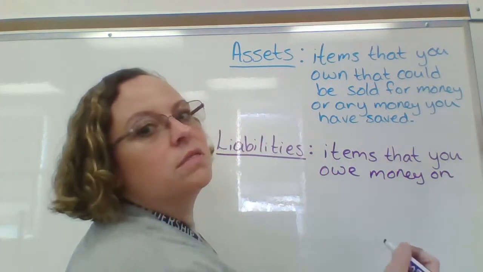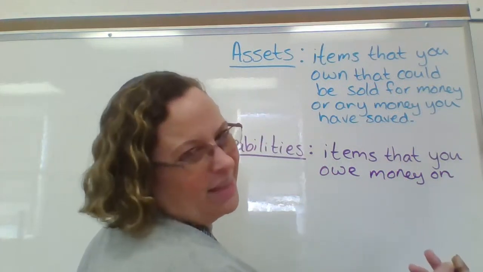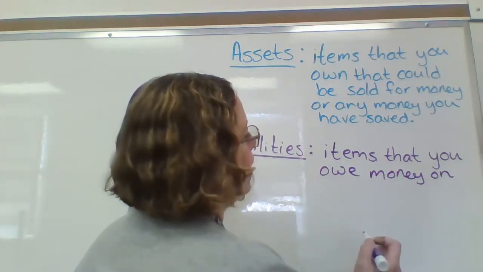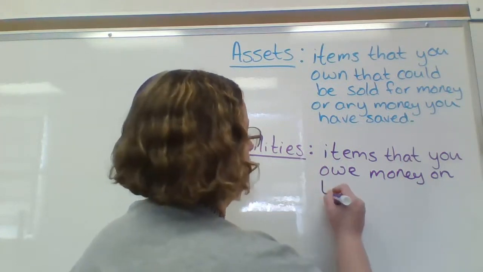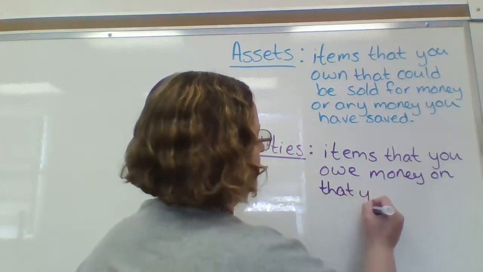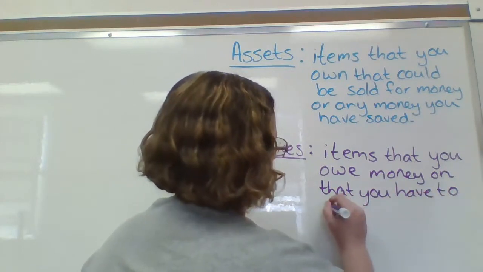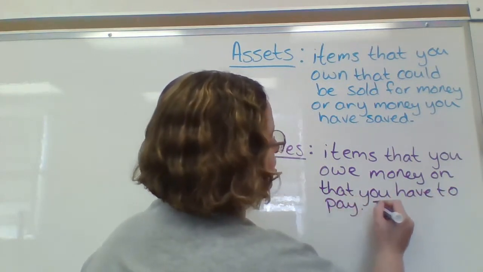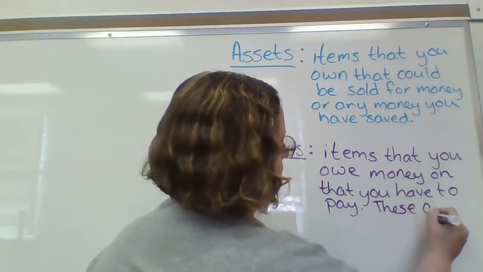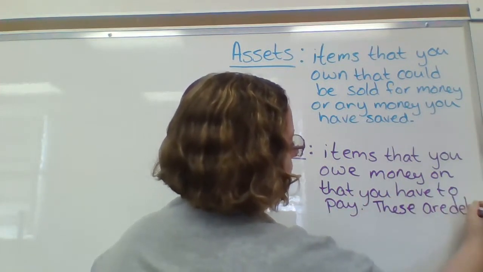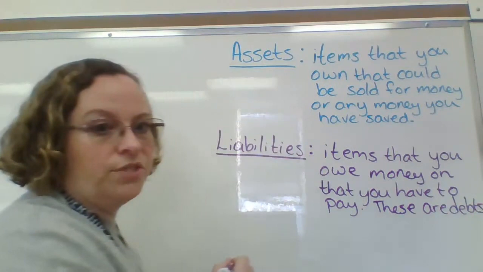So like credit cards, loans, anything like that, okay? So these are items that you owe money on that you have to pay, okay? These are debts. All right, so these are debts.